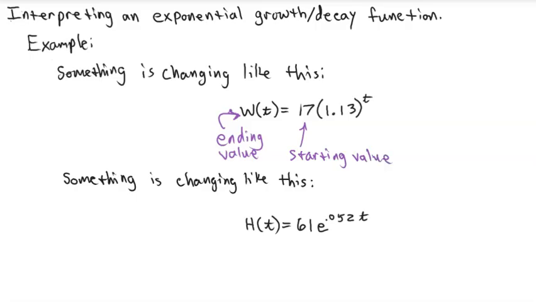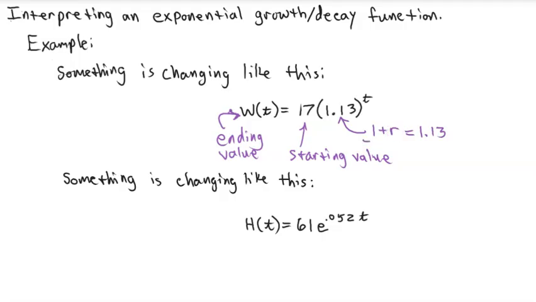And then this we've called the growth factor. But what this really is right here is 1 plus r, okay? So we can take this and set it equal to what it is, 1.13, and from this information we can find the rate of growth or decay.